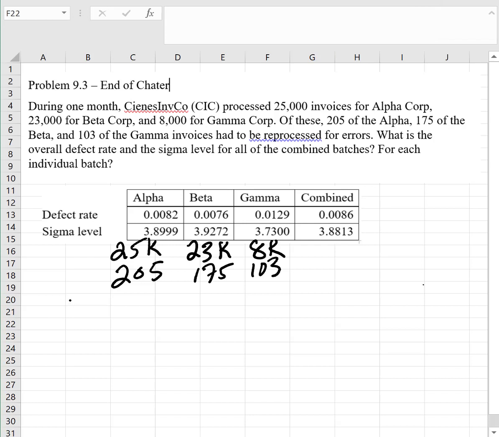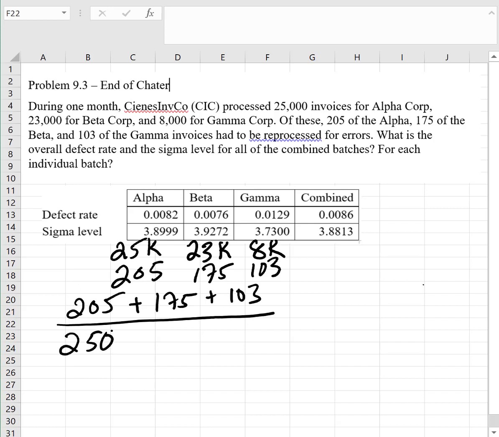So to get the combined, we have 205 plus 175 plus 103 total divided by all of the opportunities for error, which are 25,000 plus 23,000 plus 8,000.